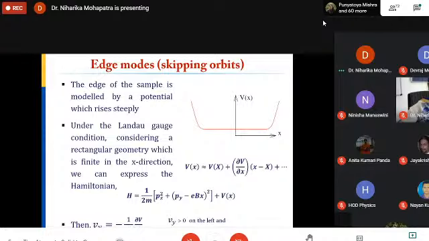So this Vy will be different for the left and right, it changes its sign.